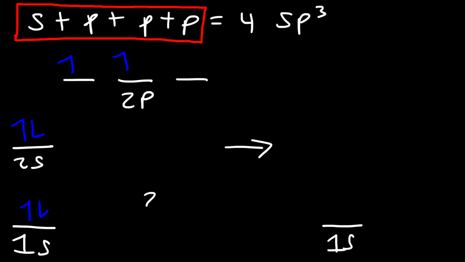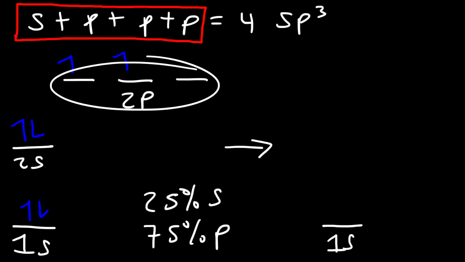In fact, it has 25% s character, 75% p character. We have one s out of 4 atomic orbitals, so 1/4 is 25%. We have 3 p orbitals out of 4 atomic orbitals, so 3/4 is 75%. And so, because it's mostly p, the energy level should be close to the 2p sublevel, but a little bit lower than it.